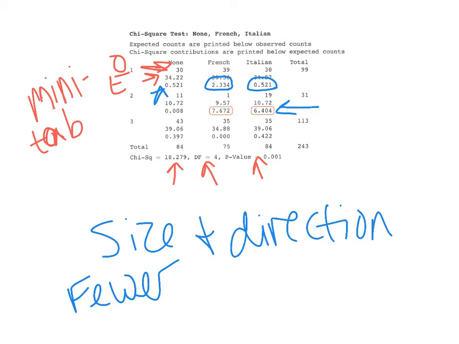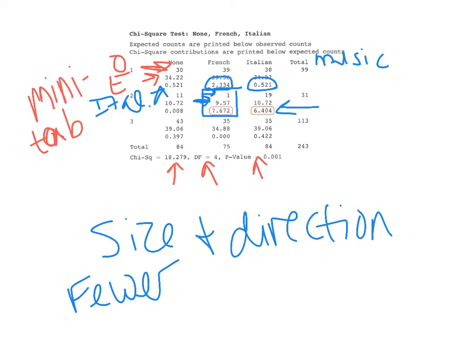So fewer Italian entrees are ordered than expected when French music is playing. You see that with this one right here: I have way fewer observed than I expected. My music is along the top here, and my Italian entrees.